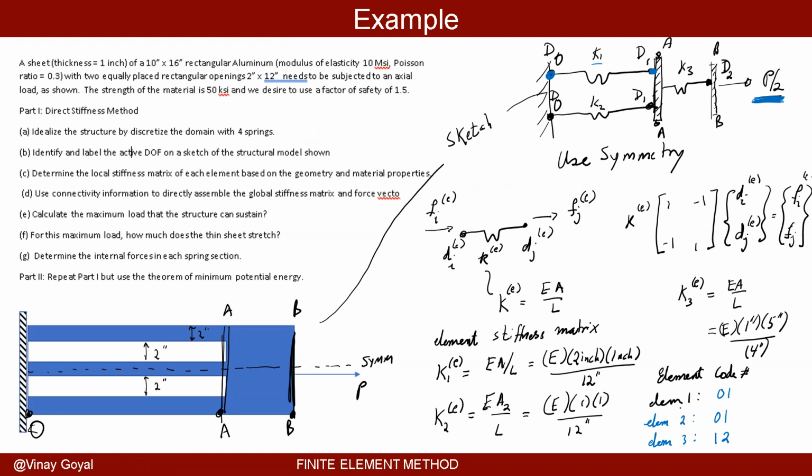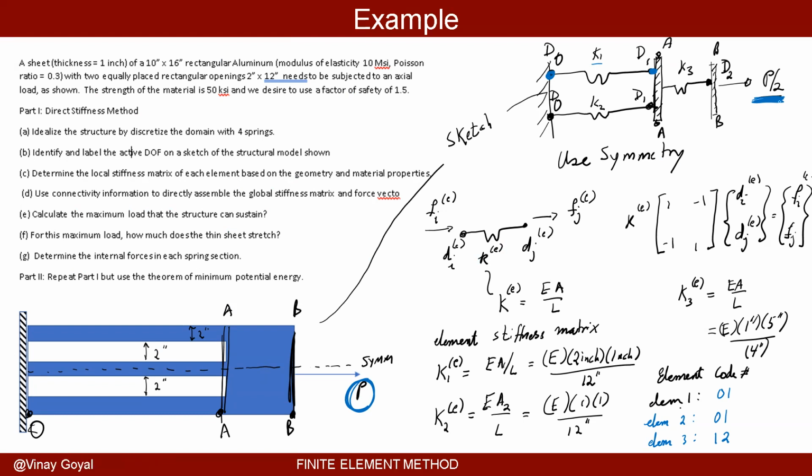Since we are considering symmetry, and I think this is related with a question I got at the beginning, we're going to solve the problem by P over 2, not P, right?